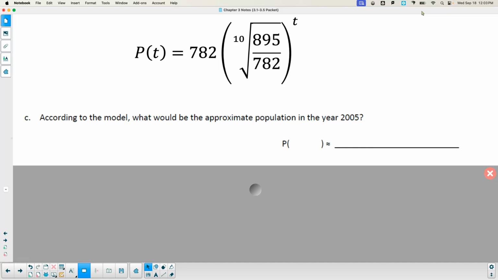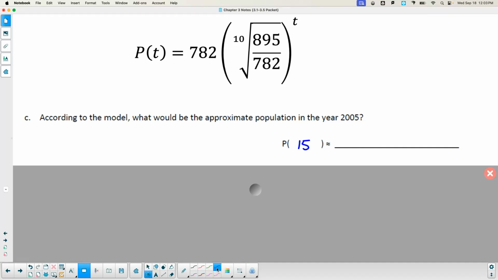But for me, they're in the thousands. So we have to multiply by 1,000 at the end. For instance, in letter C here, according to the model, what would the approximate population be in the year 2005? Well, that means I'm going to find P of what? 15.